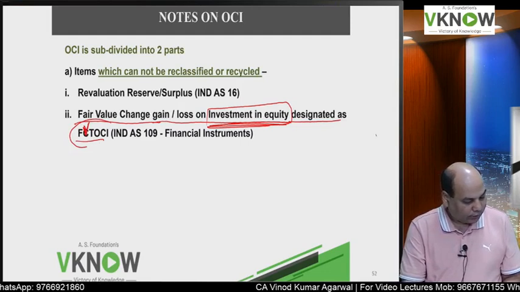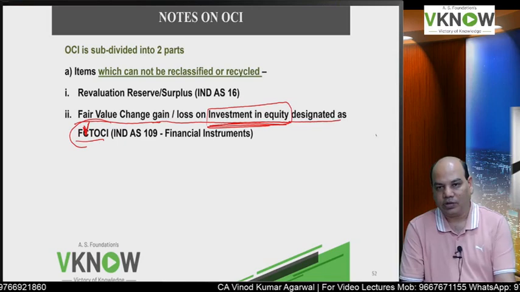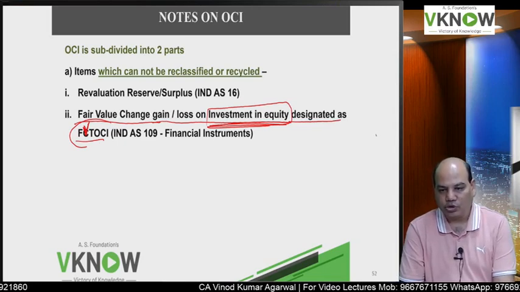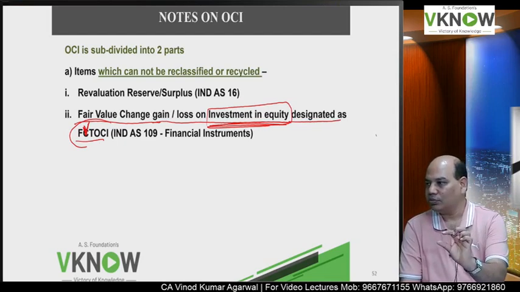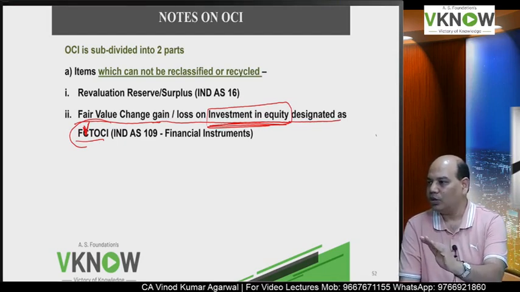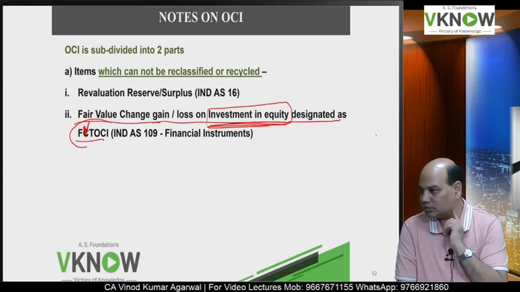So what is FVT OCI? Fair value through other comprehensive income. FV means fair value, T means through, which means whenever there is a change in fair value, that fair value will be routed through other comprehensive income.